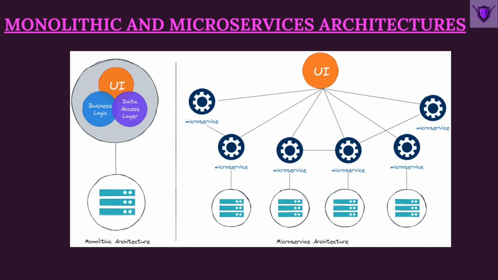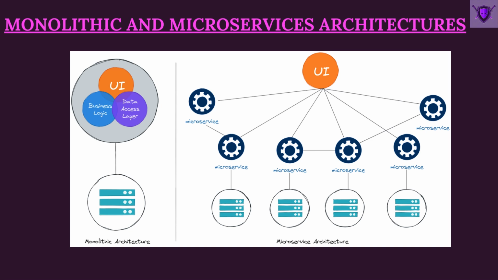Monolithic architecture is a traditional way of building applications, the one that you can see on your left. In this approach, the entire application is designed as a single self-contained unit, which means that all of the functionality and components needed to run the application are included in one large code base and deployed as a single executable file.